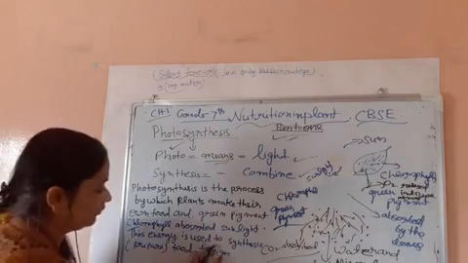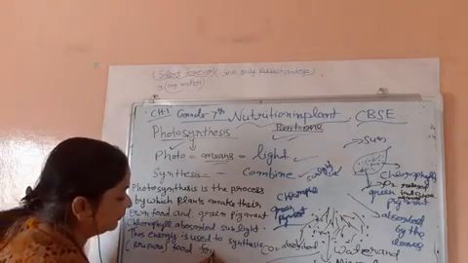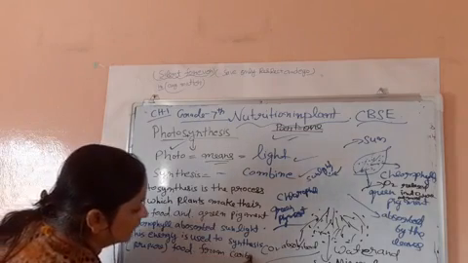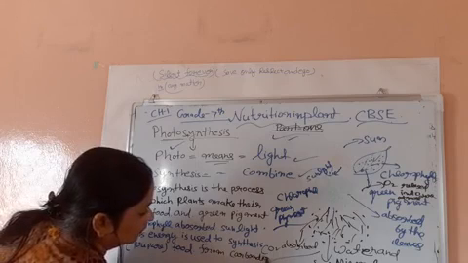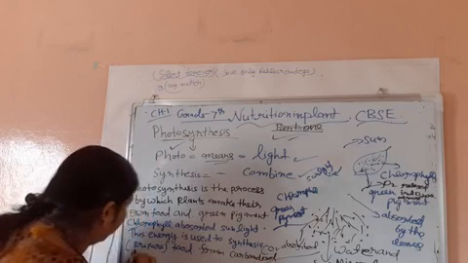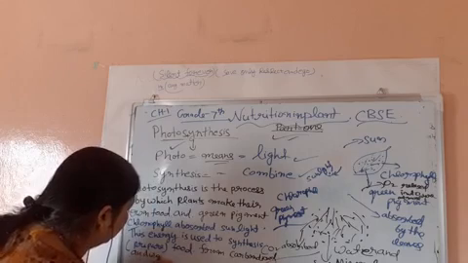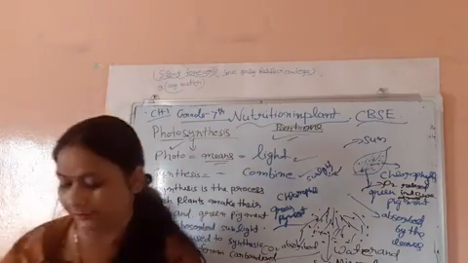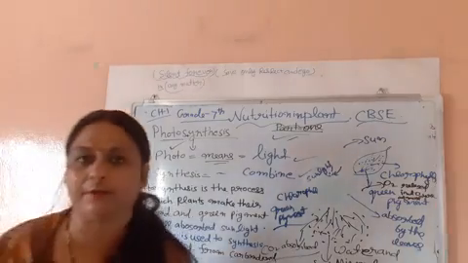Synthesize food as carbohydrate from carbon dioxide and water. This is the food making process. This is a brief description for part 1.